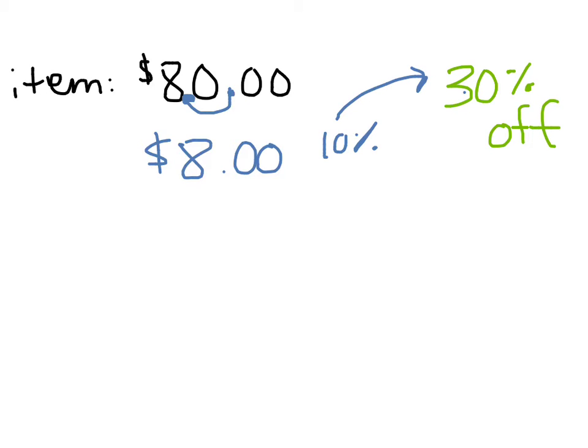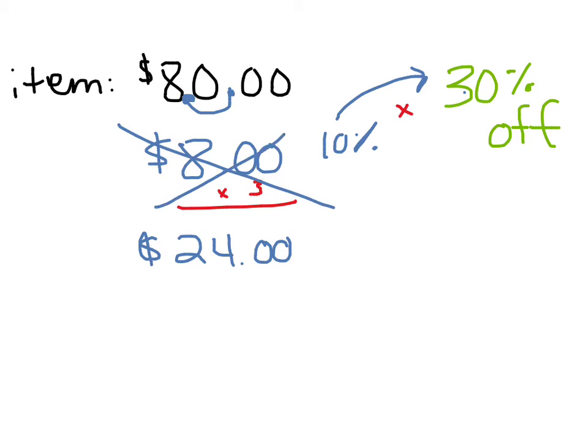We would take the 8 times 3, just like we take the 10 times 3 to get 30. So 8 times 3 would give us 24. So 30% is $24 off. That's a pretty good deal.